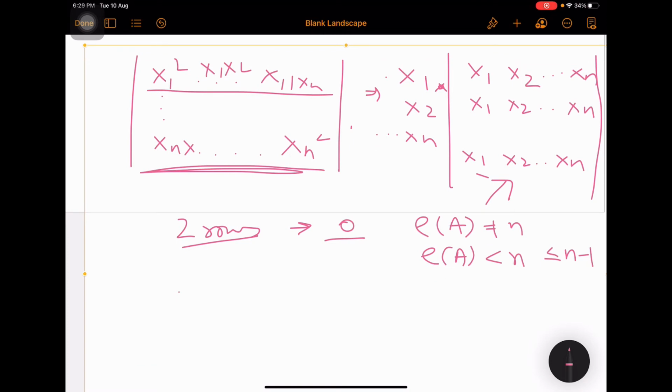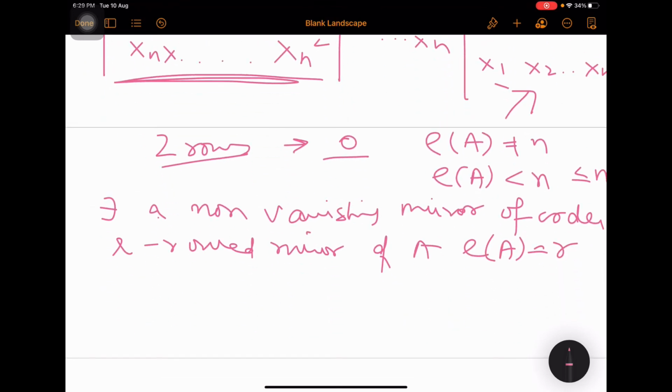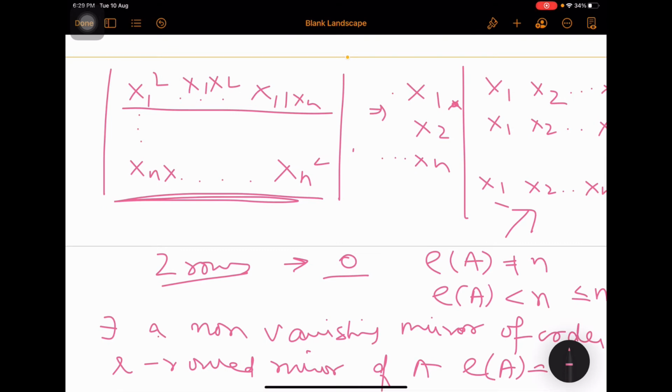So what is rank? Rank is basically a non-vanishing minor of order r. That is, if there exists a non-vanishing r-row minor of the matrix, then we say that rank is equal to r. So here we will try to find the non-vanishing minor.